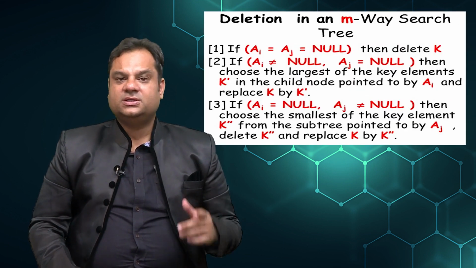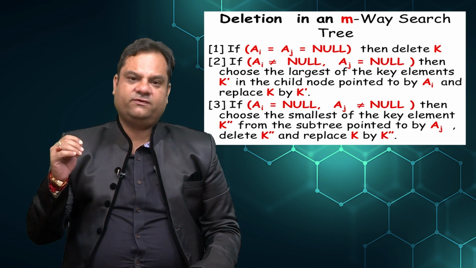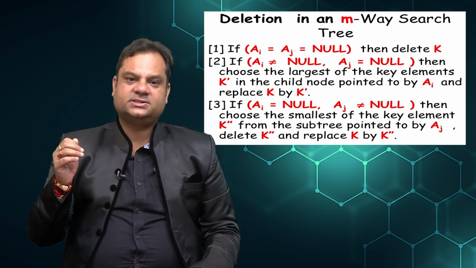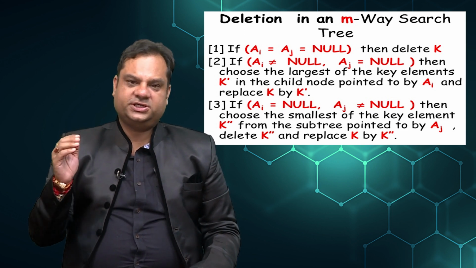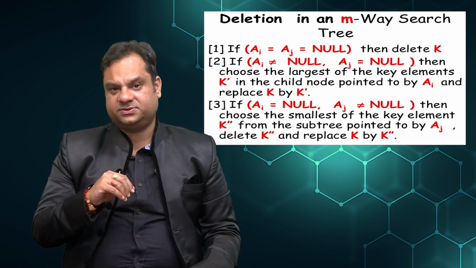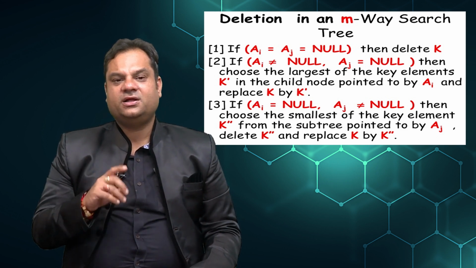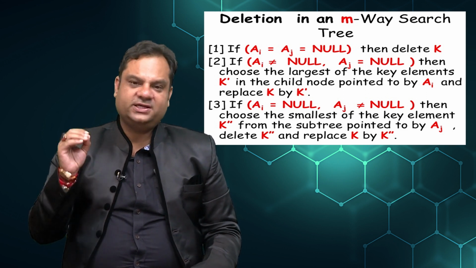Now, when you go for the deletion operation, there are four cases you have to check. First, suppose you want to delete a key from any place, and that key has children ai and aj, and ai and aj are both null. This is a very simple case.